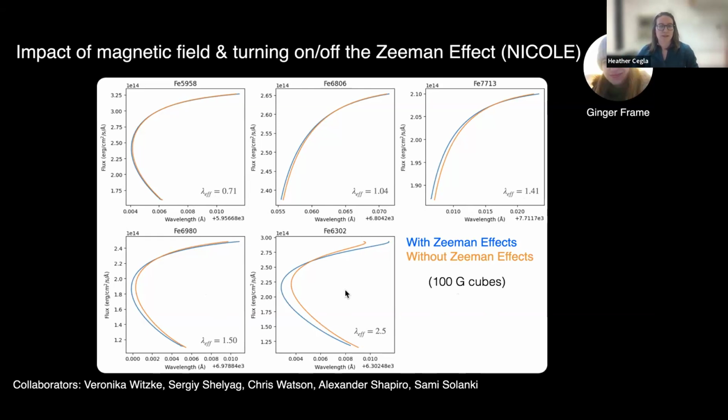But for iron, like the Hinode line, the 6302 line that's really magnetically sensitive, then you would want to make sure you're taking into account the Zeeman effect if you were starting to look at cubes that were a bit more magnetic here. But this was a proof of concept to say, look, if we're looking at just a hydrodynamical and a small scale dynamo case, we're okay to use MPS Atlas.